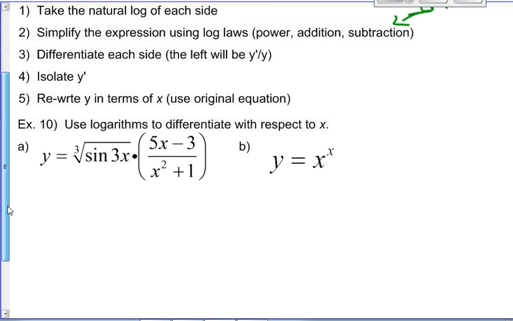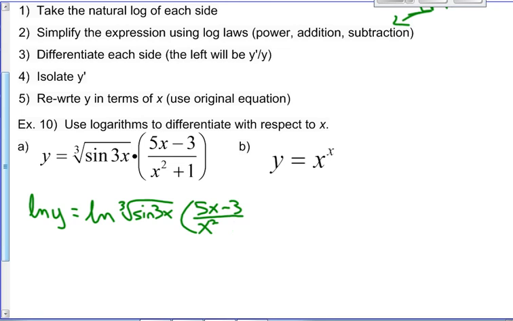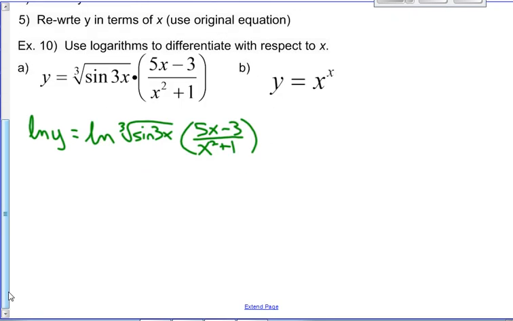So take the natural log of each side. I'll have ln y equals ln cube root of sine 3x by 5x minus 3 all over x squared plus 1. Next step is use some log laws. So I notice right away that between this part and this part, there's multiplication.